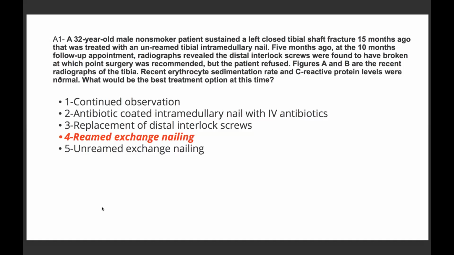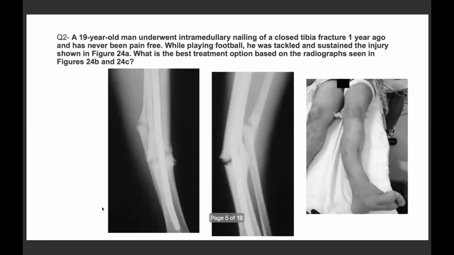Okay? All right, let's move. Next question if you have. Okay, the next question is a 19 years old man underwent IM nailing of the closed tibia fracture 1 year ago and had never been pain-free. While playing football, he was tackled and sustained the injury shown in figure 24A.